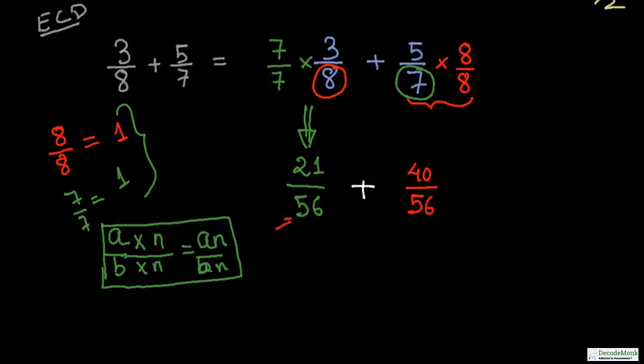We have arrived at our target, and our target was to achieve the same denominators for the two fractions. So both the fractions have got 56 as the denominator, and we have also arrived at the equivalent fractions. The equivalent fraction of the second addend, the second number, 40 upon 56, is the equivalent fraction of 5 upon 7. So we can say 5 upon 7 is equal to 40 upon 56.